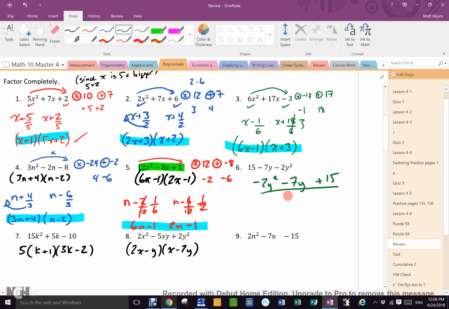But you don't like having a negative there to factor. So I take out a negative 1. Negative 1 comes out, and what does that do to all these signs? Changes them to the opposite. And then you just factor that normally. Now, one kid in my other class left it this way and factored it this way, which is fine.